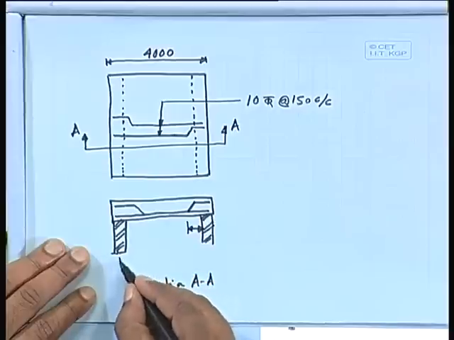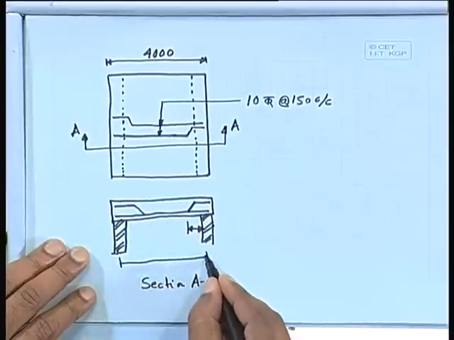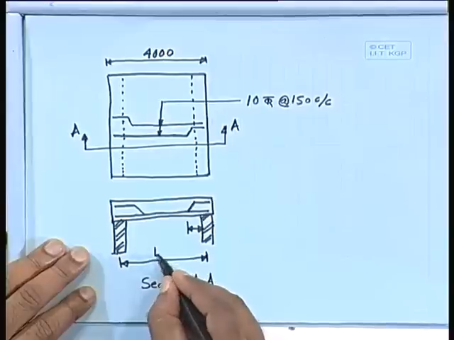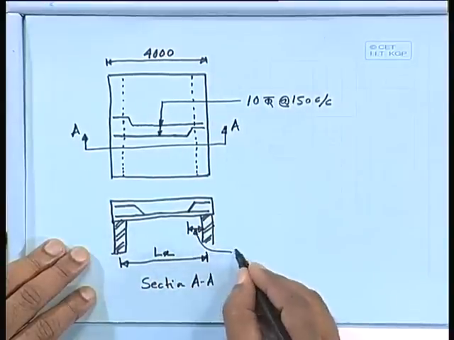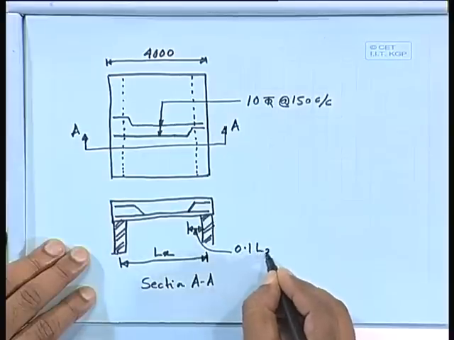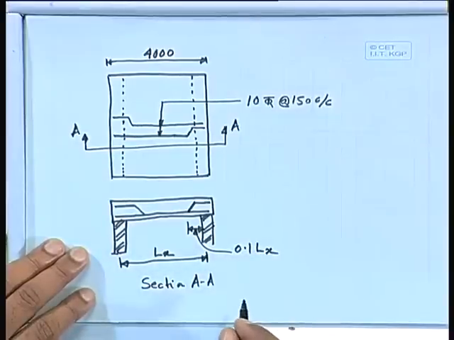If the center to center distance is Lx, then this one will be 0.1 Lx.